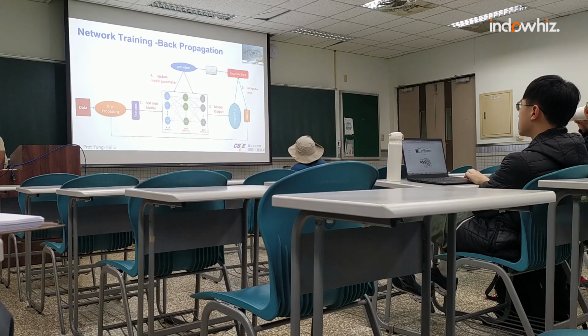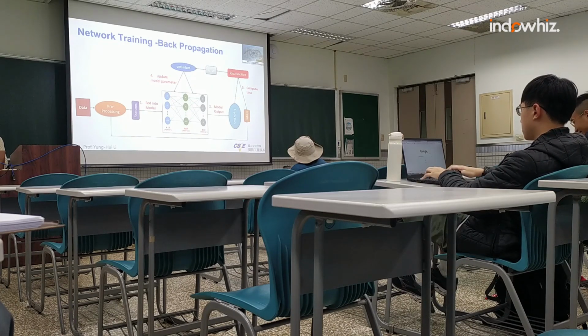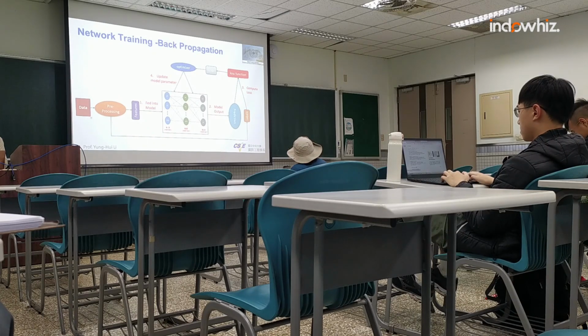After you do the backpropagation, you update all the weights inside this deep learning model, and then you will keep throwing new training data into this network. This will go again and again until the loss function decreases to some threshold that you set, and then the training is done.